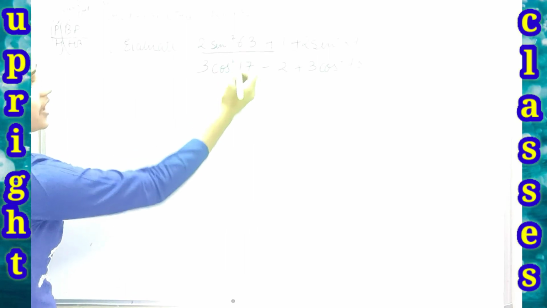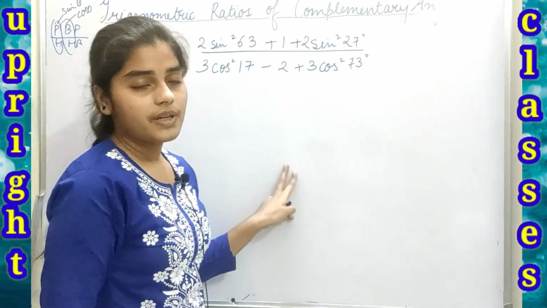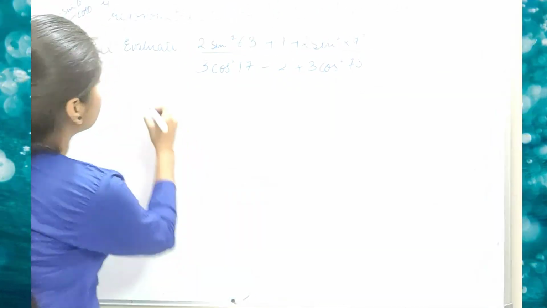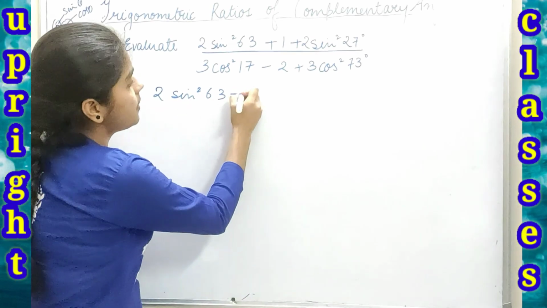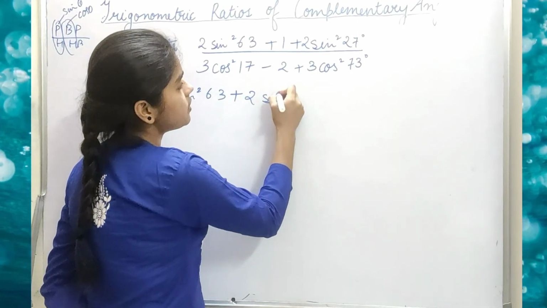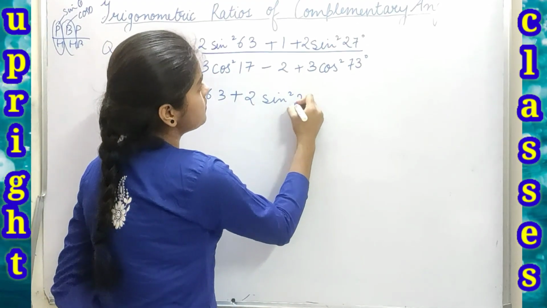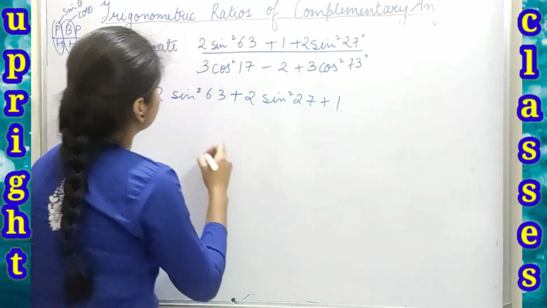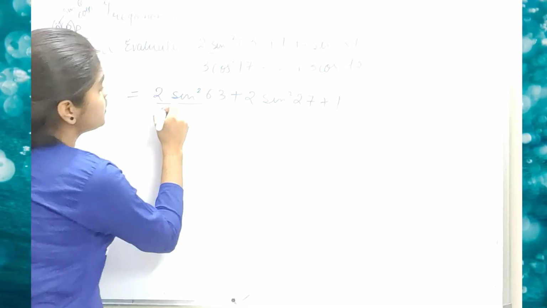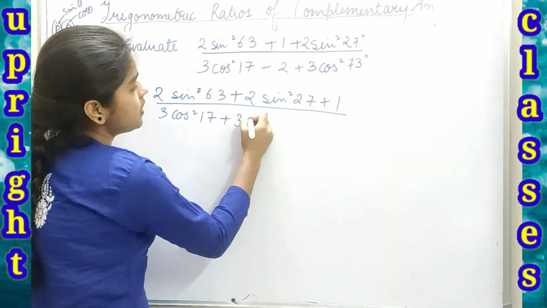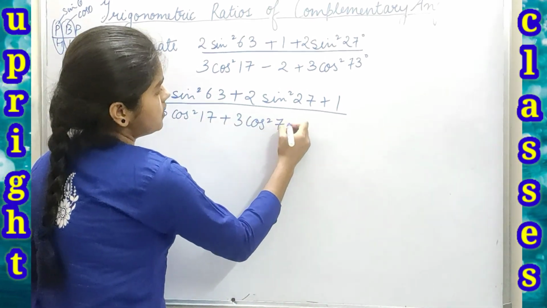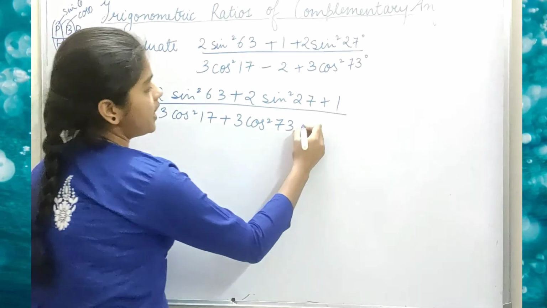So here 63 and 27 both form complementary angles. So how will we evaluate this? 2 sin square 63 plus 2 sin square 27 plus 1, upon 3 cos square 17 plus 3 cos square 73 minus 2.